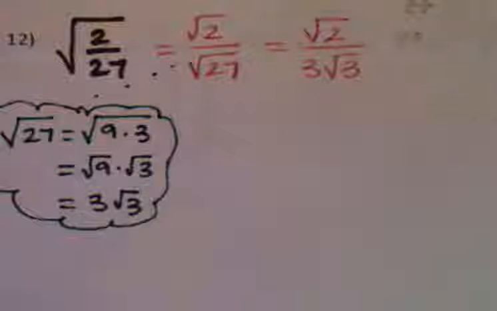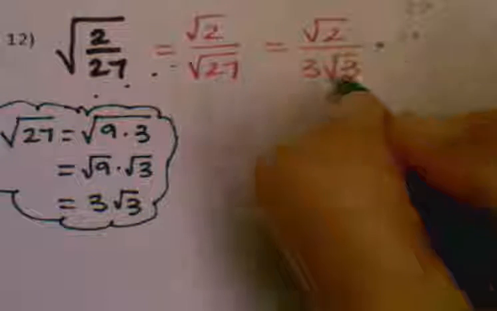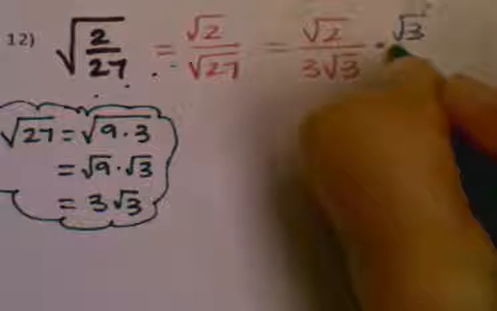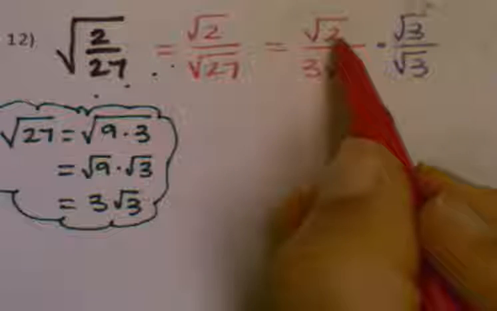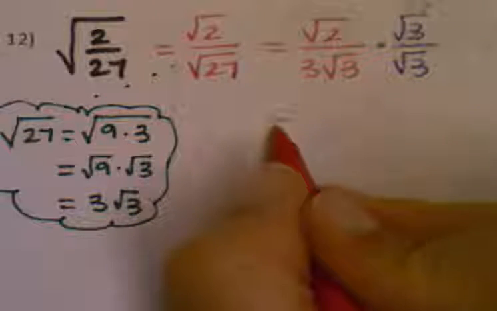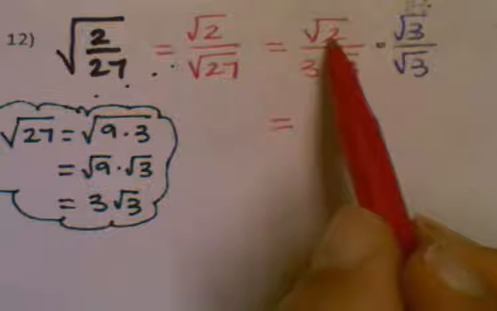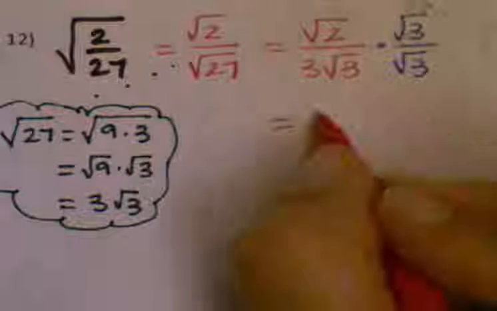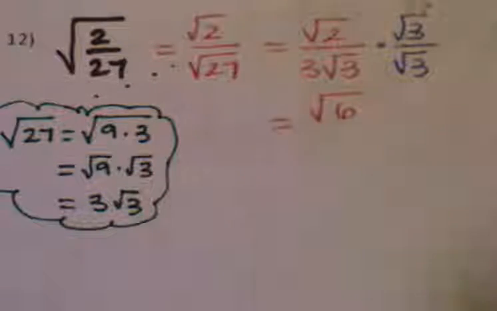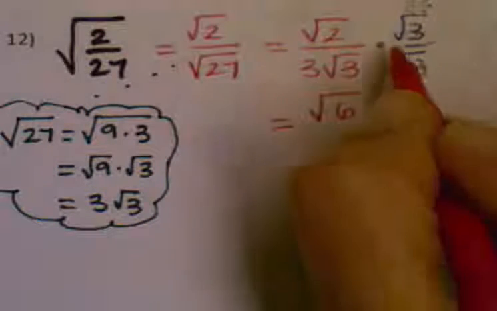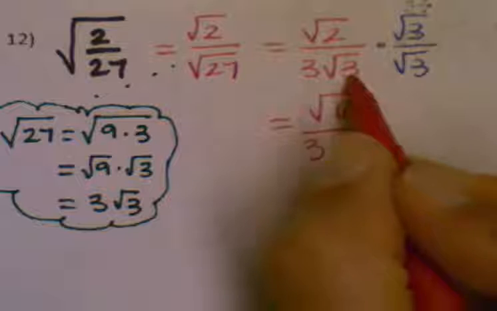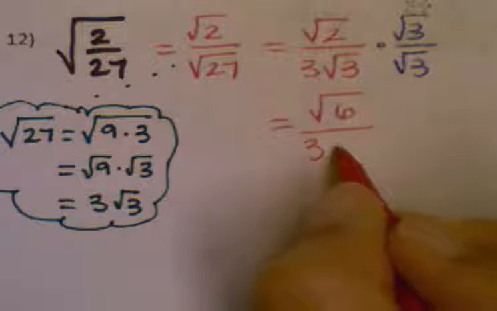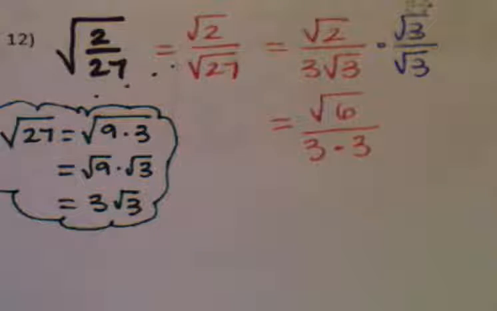Now when we go to rationalize this, we need to multiply just by root 3. We don't need the rest of it over itself. So multiplying across the top, I'm going to be wild and crazy. We're multiplying 2 and 3 under the same radical. We're going to get root 6. Okay? In the denominator, we're going to keep the outside 3, and then the root 3 times root 3 also turns into 3.